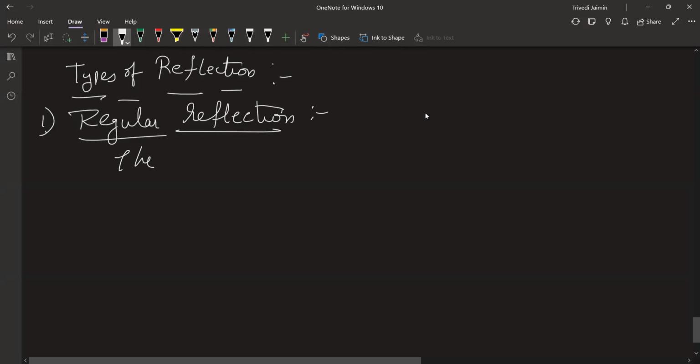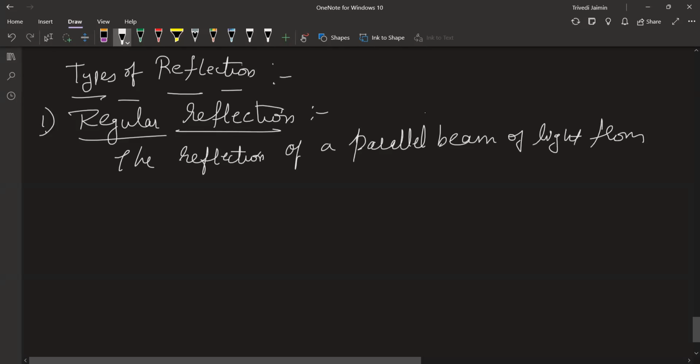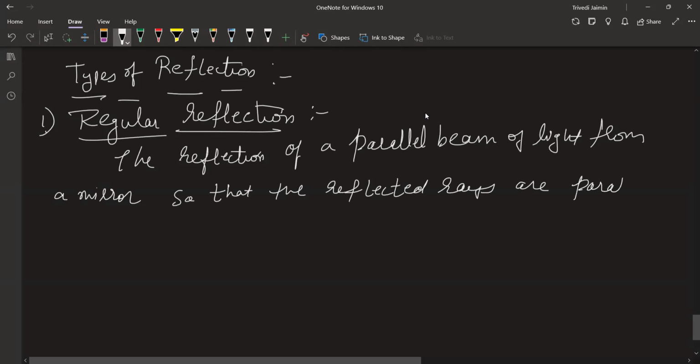Let me write: reflection of a parallel beam of light from a mirror so that the reflected rays are parallel to each other.